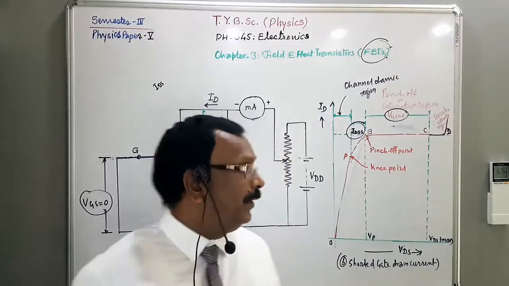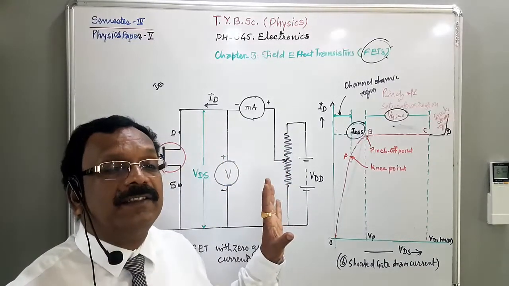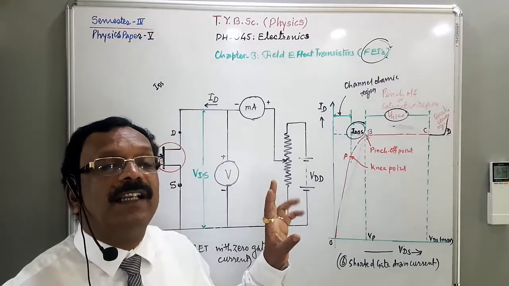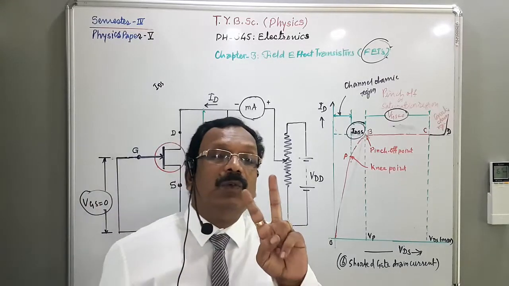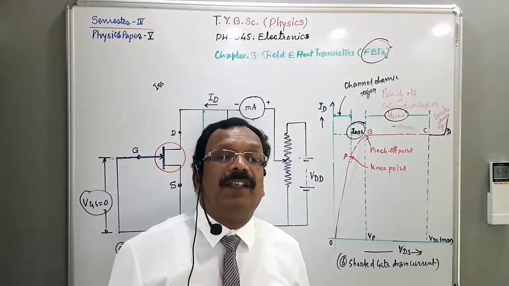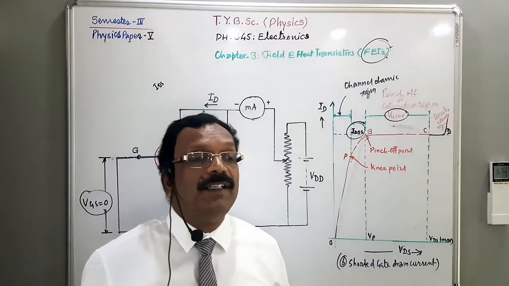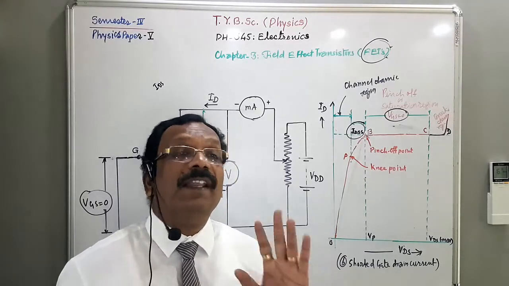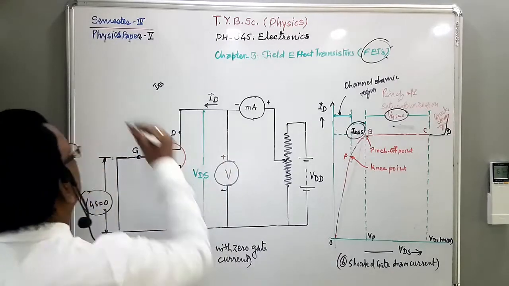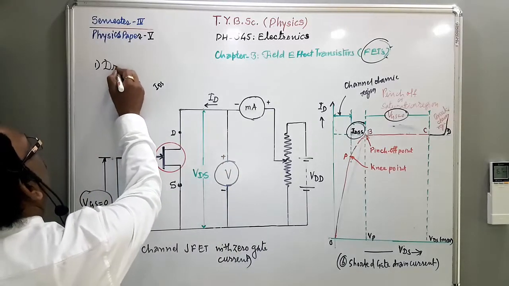So, when we study the characteristics of this N channel JFET, there are two important characteristics of a JFET. First one is VI or drain characteristics.